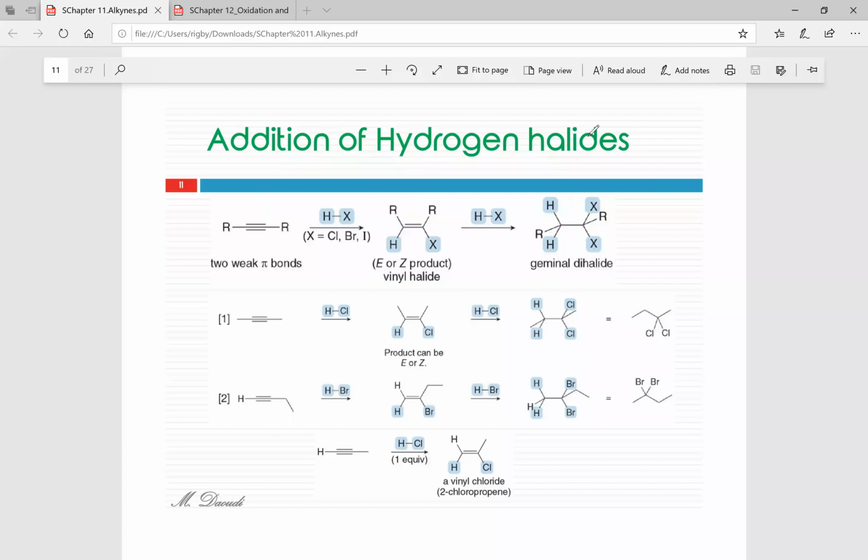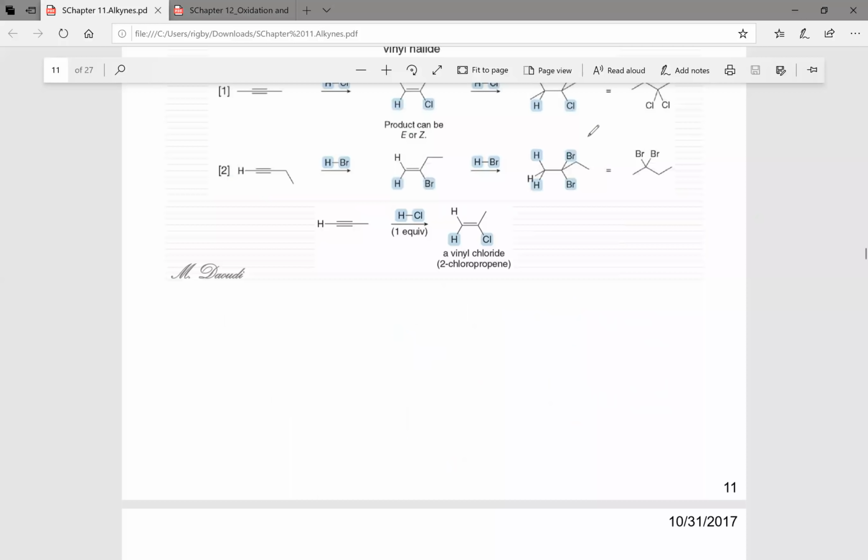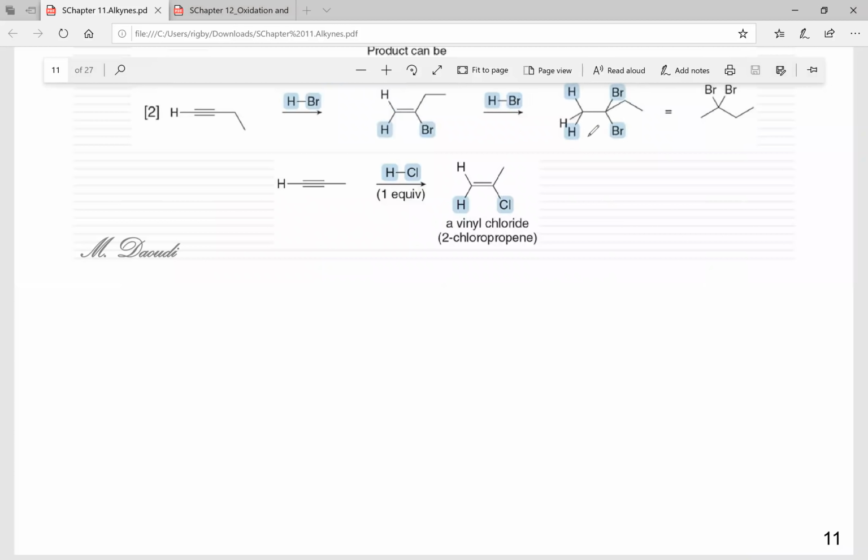And I'm just going to take a quick detour here and talk about how do we make a vicinal dihalide. So if you remember in chapter 10, I know that feels like a billion years ago, but if we did the halogenation of an alkene, so like not H2, but like X2 here, we would end up having the X added to either side of the double bond, and then here is our vicinal dihalide, okay?